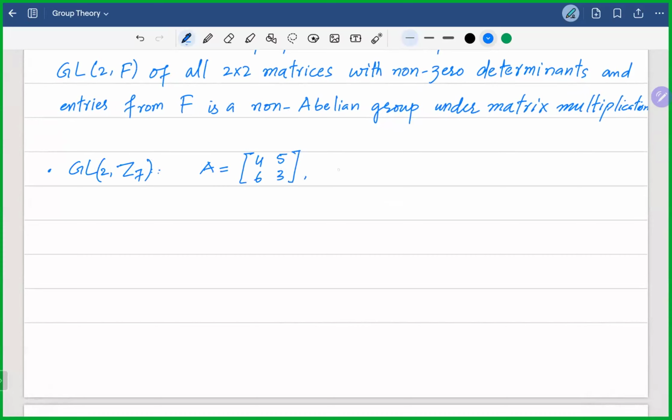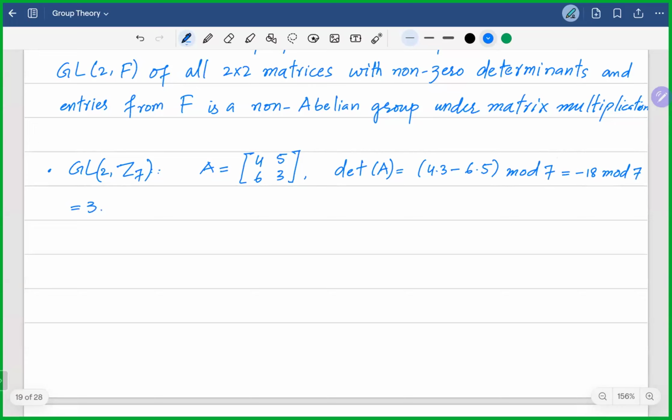Then the determinant of A is going to be 4 into 3 minus 6 into 5 mod 7, and that is going to be minus 18 mod 7, and that is going to be 3.